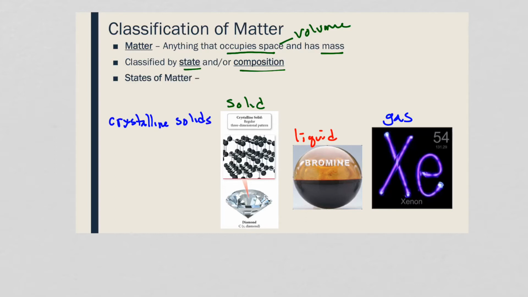And crystalline solids have a long-range order or pattern. They repeat. And you can see by looking at this blow-up of diamond that we have a bunch of carbon atoms all bound to 4 other carbon atoms in this repeated fashion. So it's a very ordered repeating pattern. So this would be things like diamond and sodium chloride and sugar. There's another type of solid called an amorphous solid.